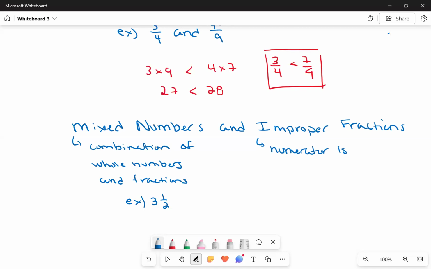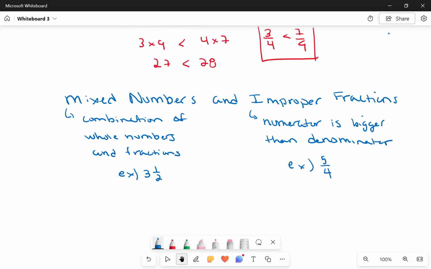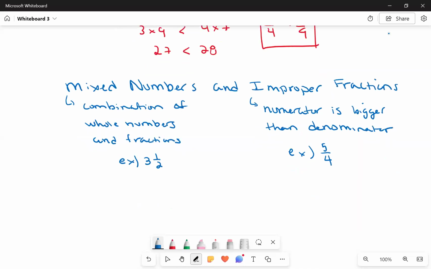Wow. Bothered me that the I looked like a capital and it just did not want to let me erase. Numerator is bigger than denominator. All right. Like 5/4. Okay.